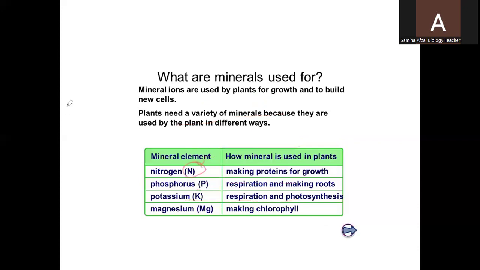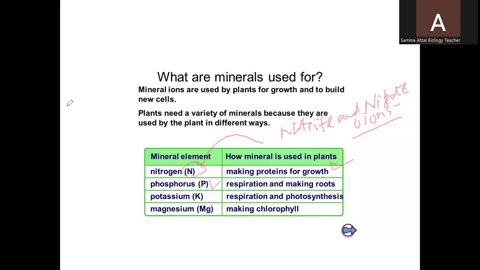The nitrogen, in the form of nitrite and nitrate ions. They are required by the plants because they are required for the formation of proteins, and protein is needed for growth.